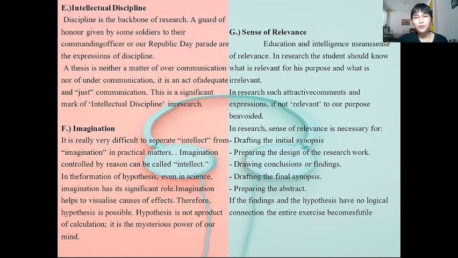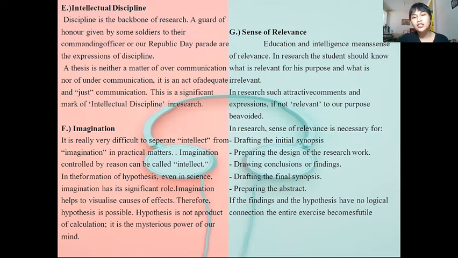The next point is sense of relevance. Here we have education and intelligence meaning sense of relevance. In research, the student should know what is relevant for their purpose and what is irrelevant. This quality of mind keeps the irrelevant matter out of consideration and saves time, energy, and sometimes money of the researcher.